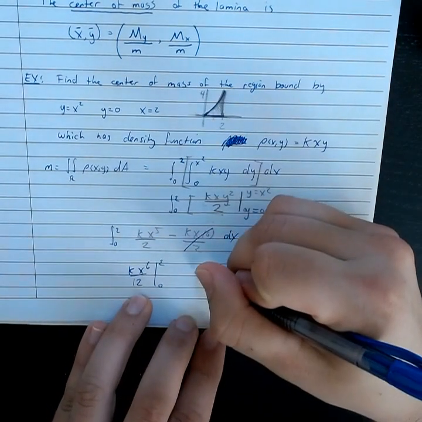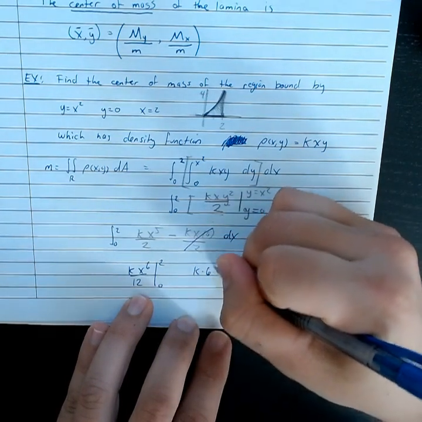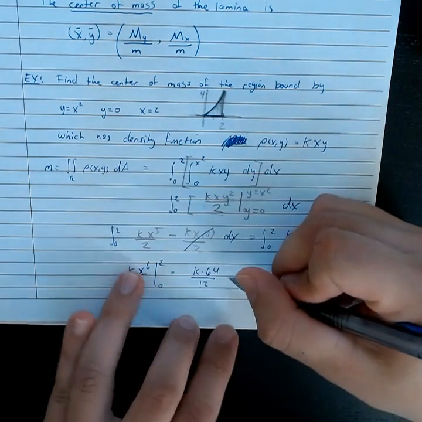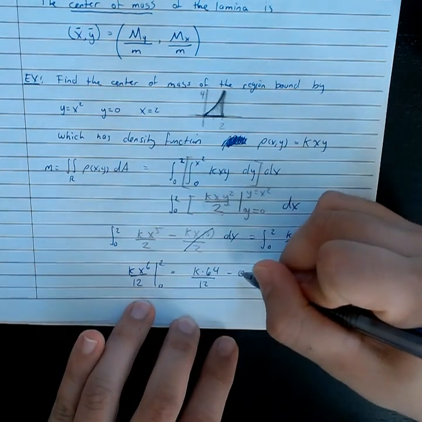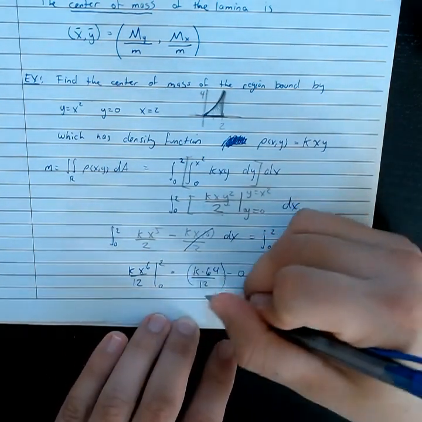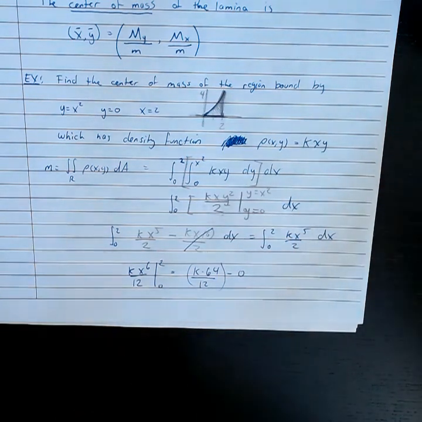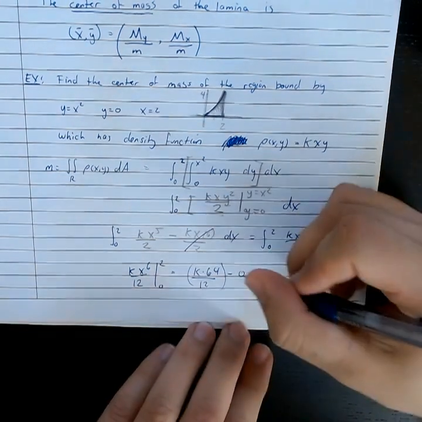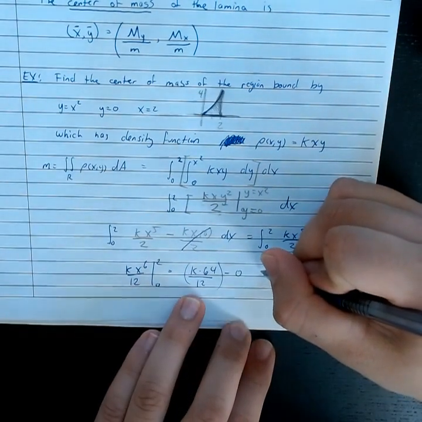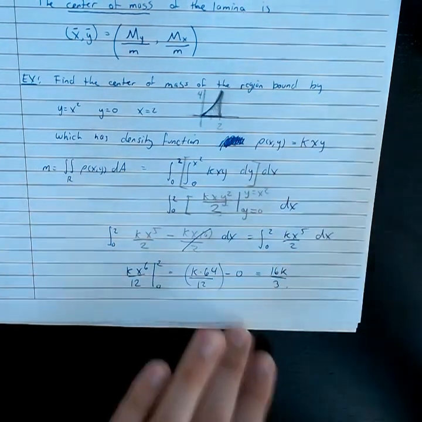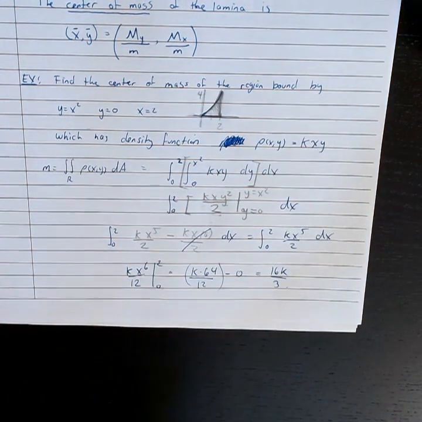So that's going to give us k times 64 over 12. Of course, substituting in 0 makes this whole thing 0, so we don't worry about that one. 64 over 12, we can reduce that. We can divide the top and bottom by 4, so that'll give us 16 over 3. So 16k over 3. All right, so there is our mass.